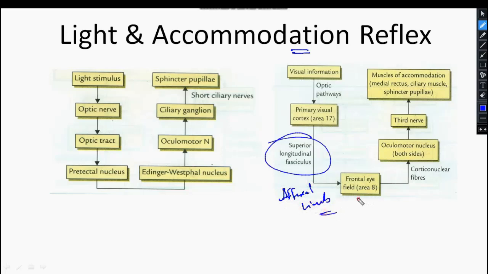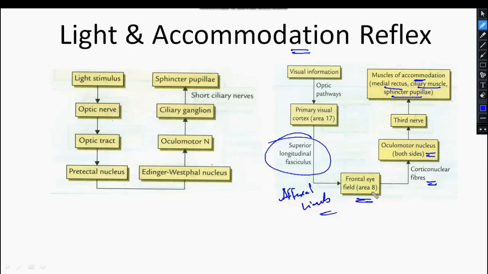And from this frontal eye field, Brodmann's area 8, the information through the corticonuclear fibers reaches the oculomotor nucleus of both sides. And from this oculomotor nucleus, the third cranial nerve, the oculomotor, takes the information to the muscles of accommodation, that is the medial rectus, ciliary muscles, and sphincter pupillae.